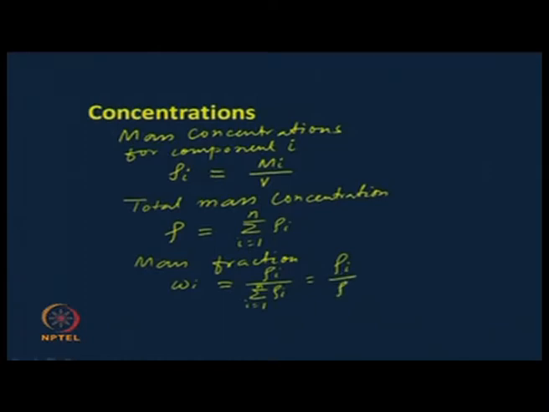And the sum of the mass fractions, summation over i equal to 1 to n of w_i, will be equal to summation over i equal to 1 to n of rho_i by rho. So, this is the total sum of mass fractions.